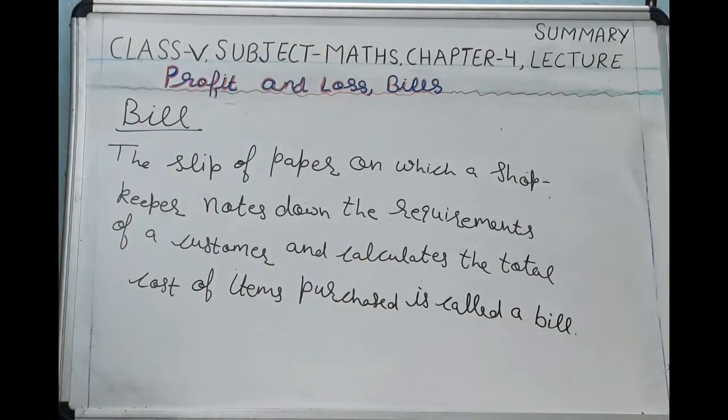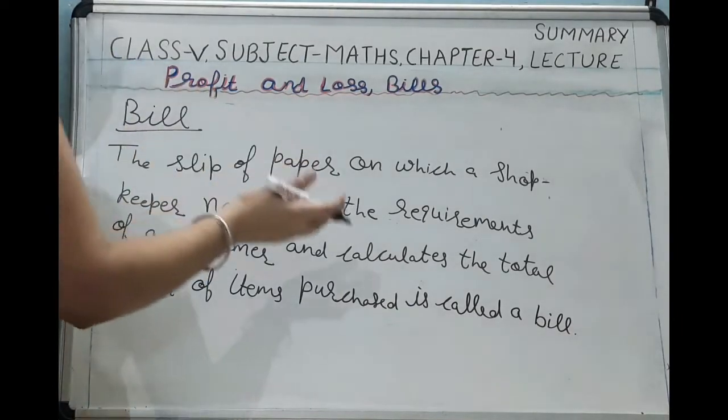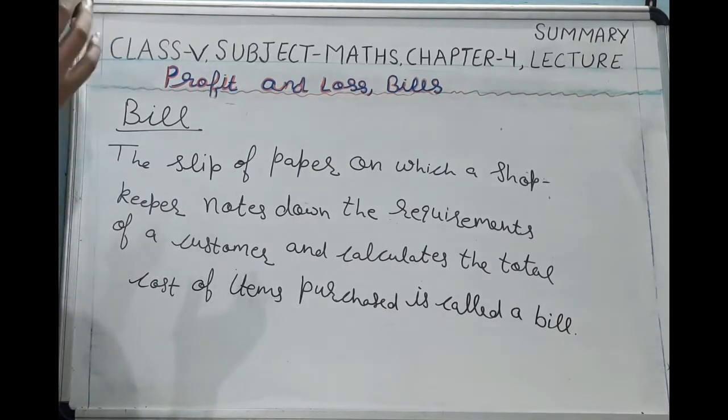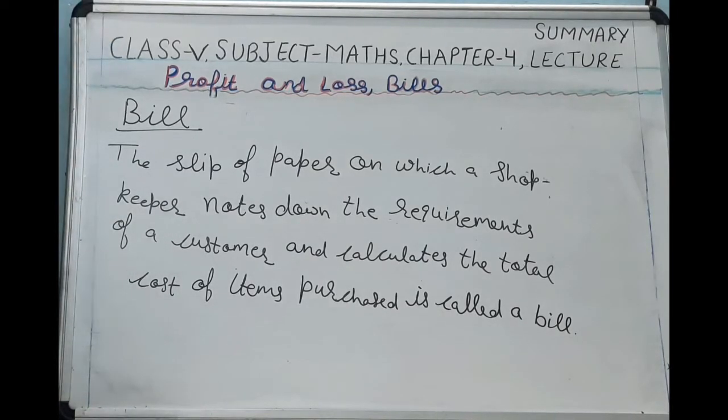What is a bill? The slip of paper on which shopkeeper notes down the requirements of a customer and calculates the total cost of the items purchased is called a bill.